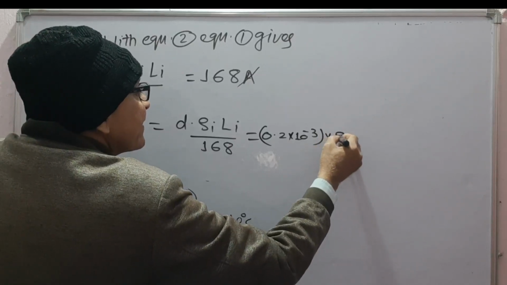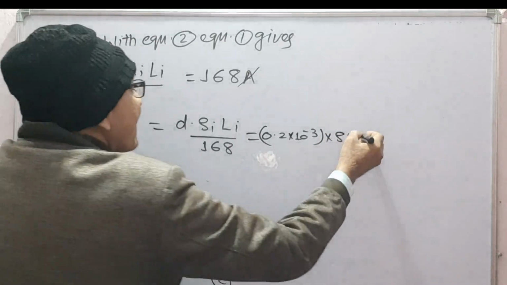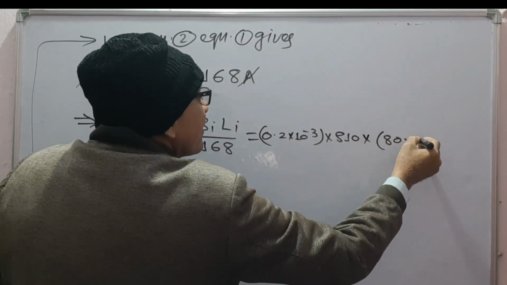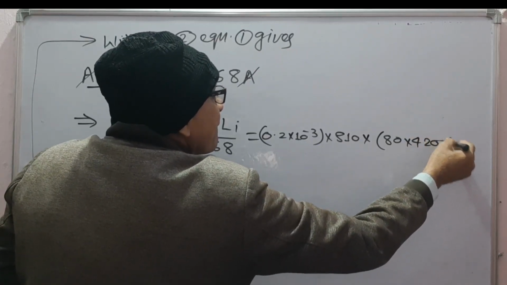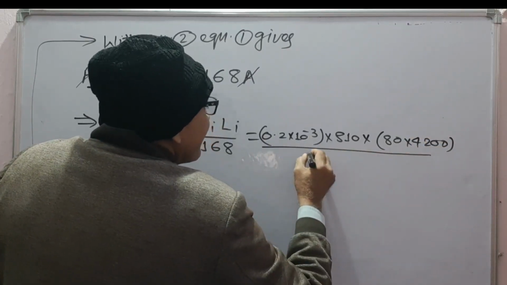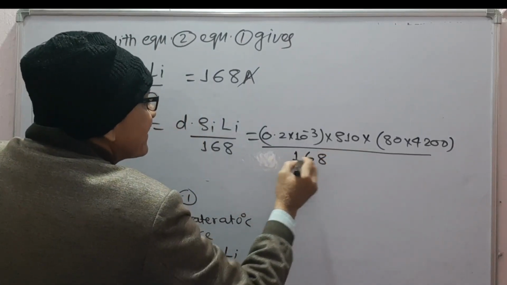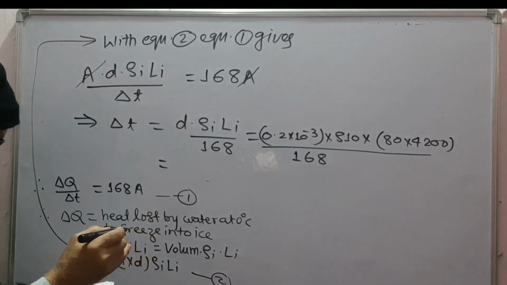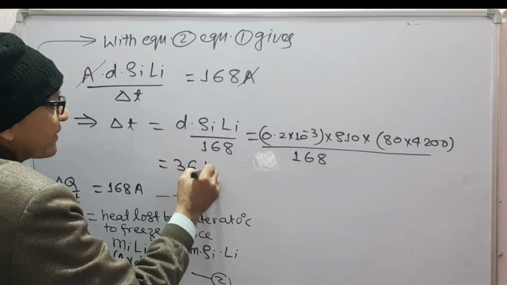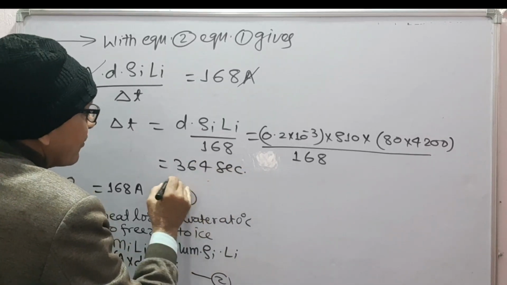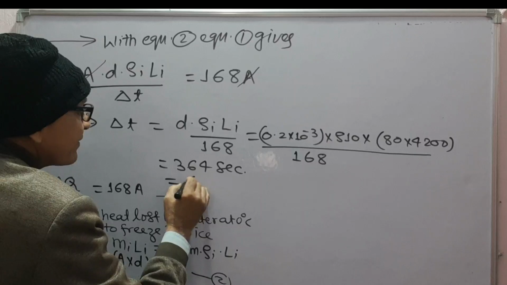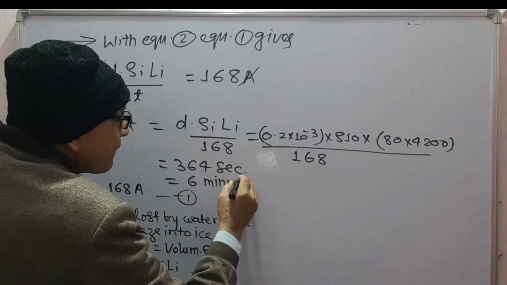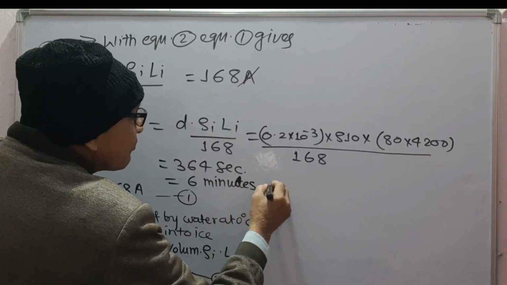Density of ice is 910, latent heat of ice is 80 into 4200, upon 168. This gives 364 seconds, which will be equal to 6 minutes and 4 seconds.